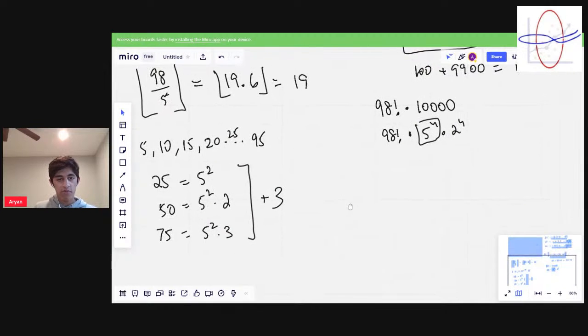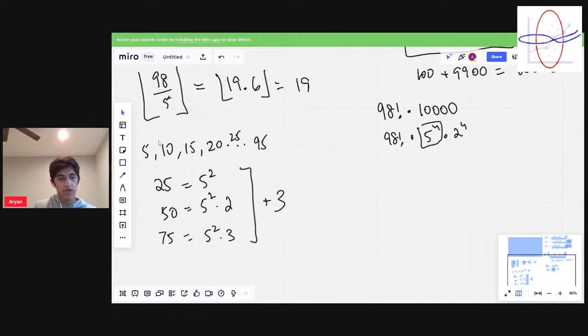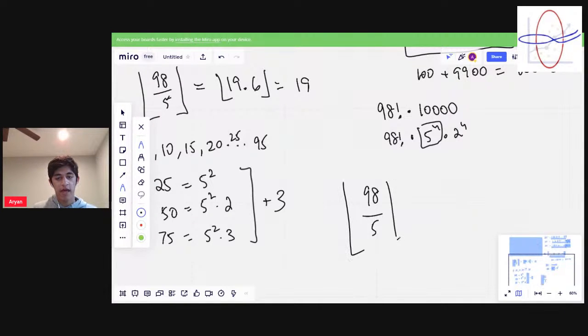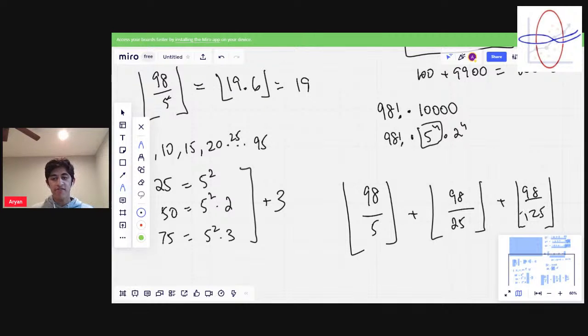Legendre's formula is the same thing, just written more concisely. You take your number 98, divide it by 5, and take the floor. Then you take 98 and divide it by the next power of 5, which is 25, and take the floor of that. Then you keep going with the powers of 5. But you might notice that after 25, the next term is 98 over 125.